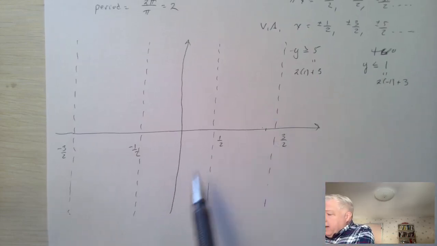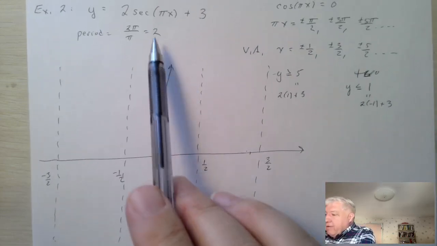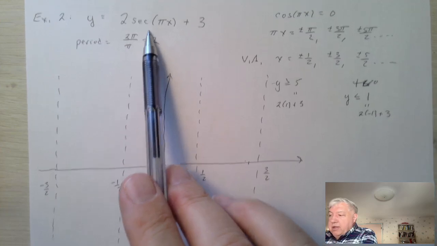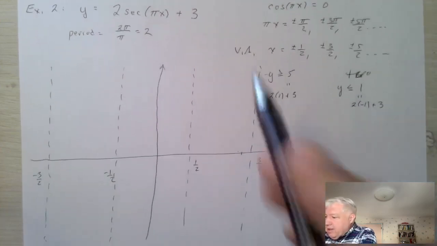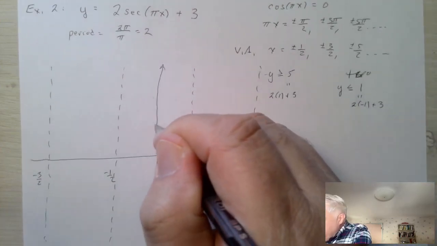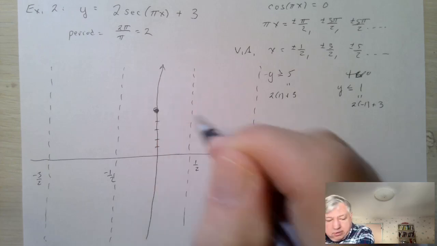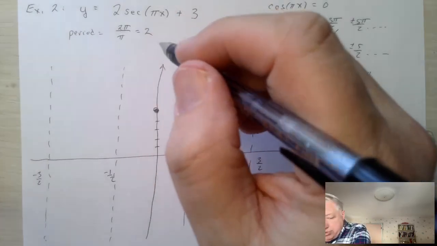But at 0, I think we can see that this will be 2 times 1 plus 3. That will be 5. And so the graph just shoots up like this.